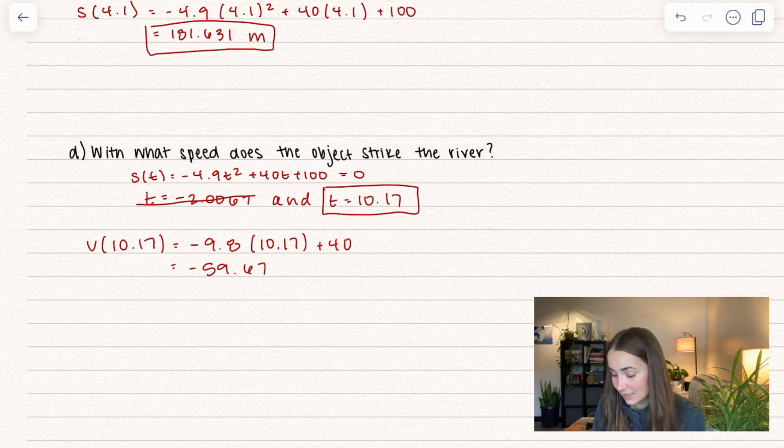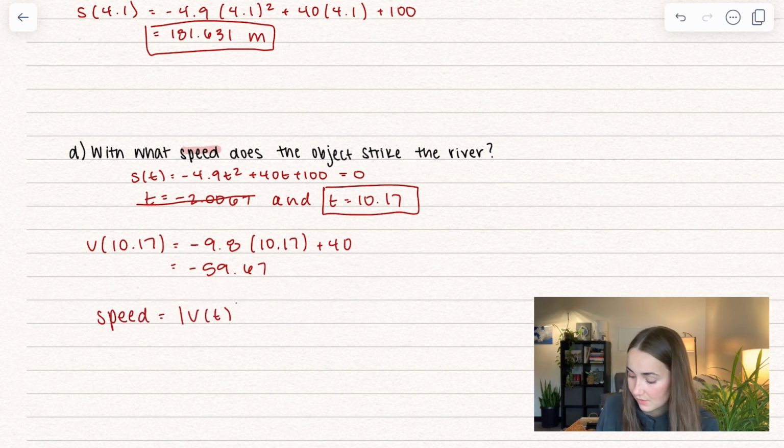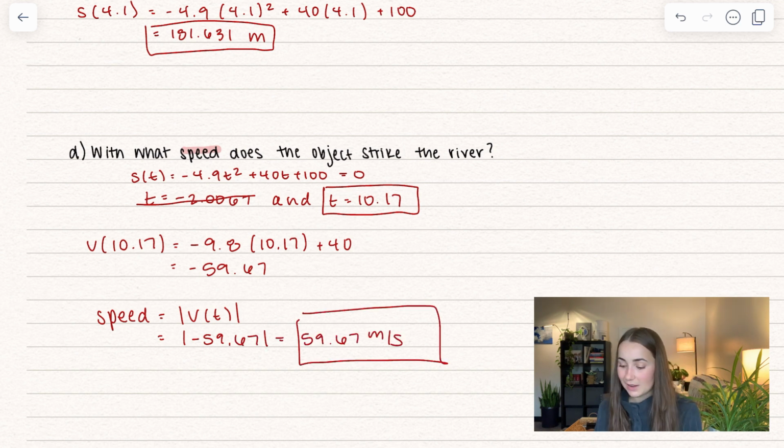But this is specifically asking for the speed, and the speed is never going to be a negative value. So we want to take the absolute value of it. That's a nice little equation for us. We just take the absolute value. So here we get the absolute value of negative 59.67, which is equal to positive 59.67. And here we have the speed at which the object strikes the river.